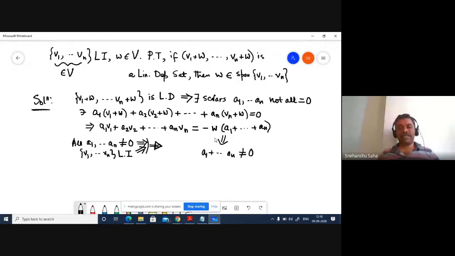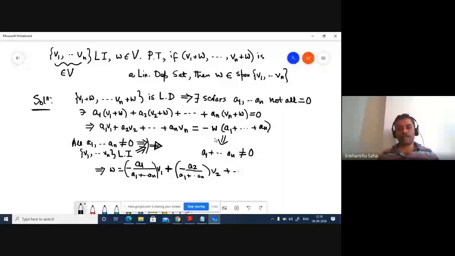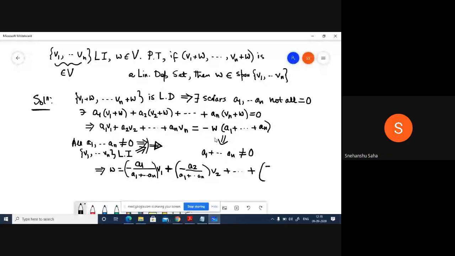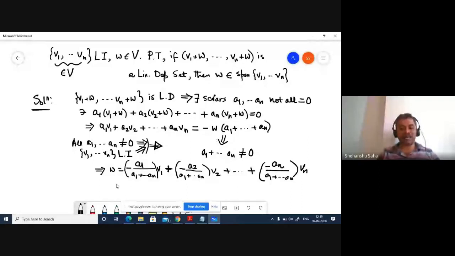Okay, right? And so therefore, what I can do is I can simply write W as minus A1 by, plus, let me just write it this way, minus A2 by... So I could have written this anyway, but in order that this expression makes sense, it was very, very important to realize that the denominator is non-zero.